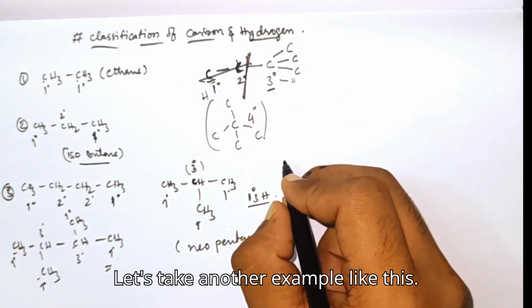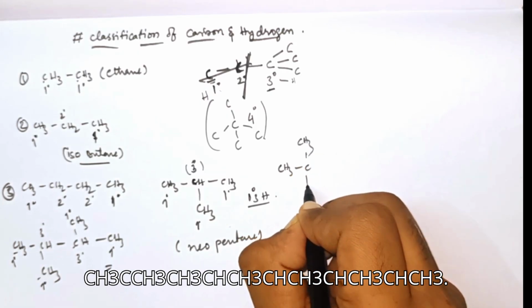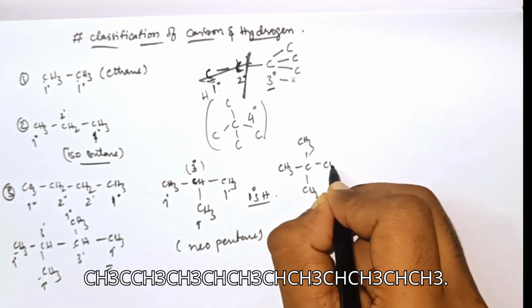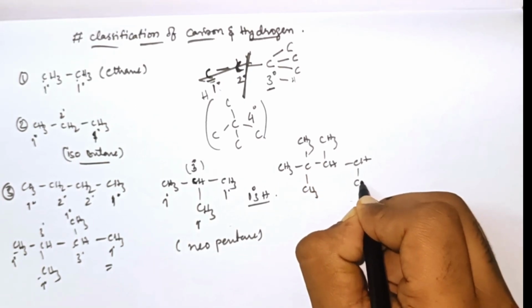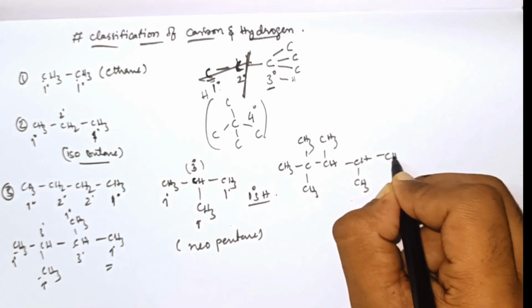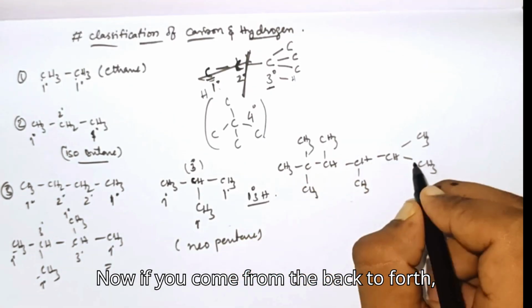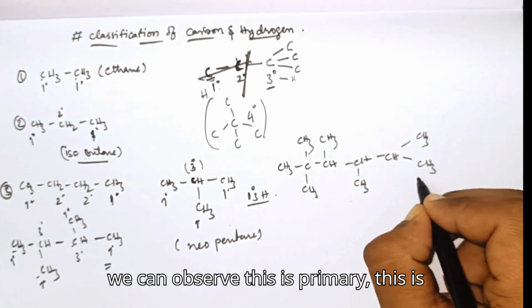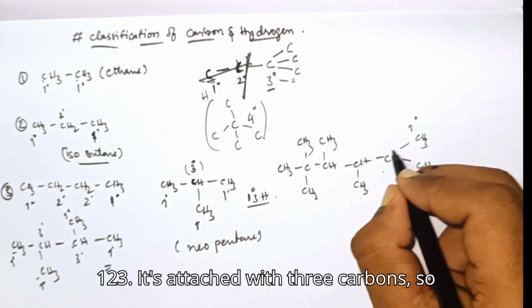Let's take another example like this: CH3, C, CH3, CH3, CH, CH3, CH, CH3, CH, CH3, CH3. Now if you come from the back to the front, we can observe this is primary, and this becomes 1, 2, 3.